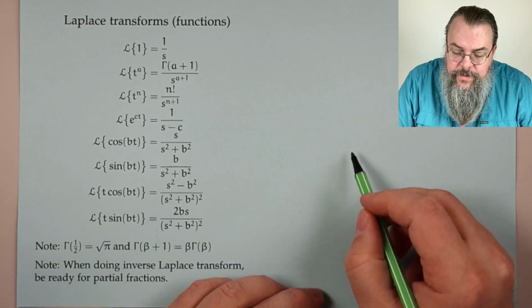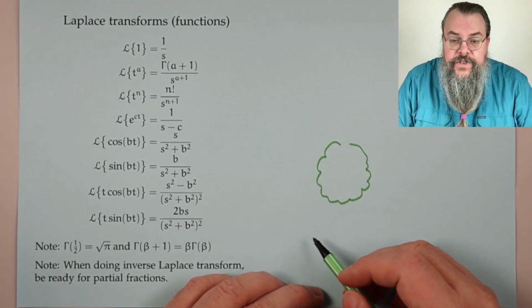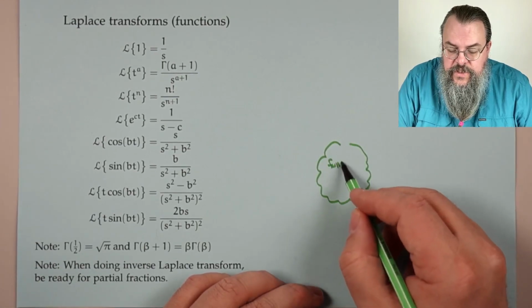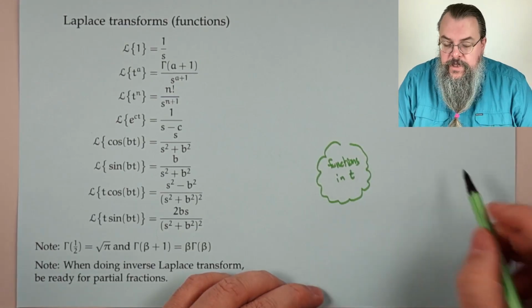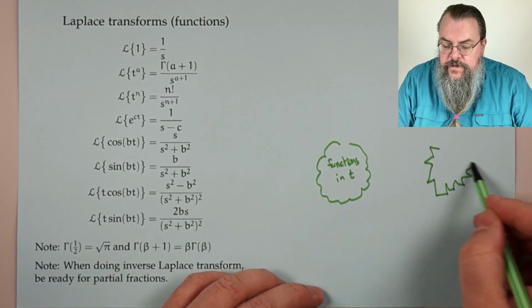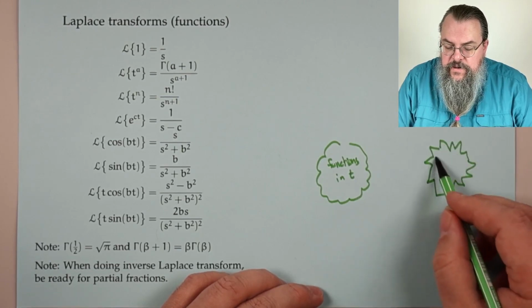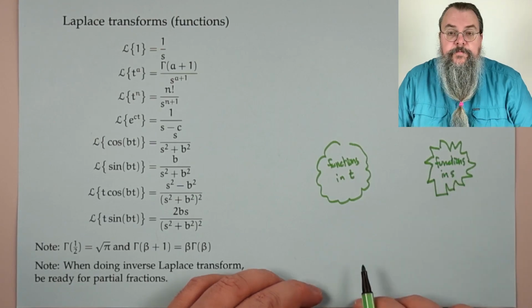Essentially what we have is a space of functions, and these are functions in a variable called t. Then over here we have another space of functions, and these are functions of the variable we call s.